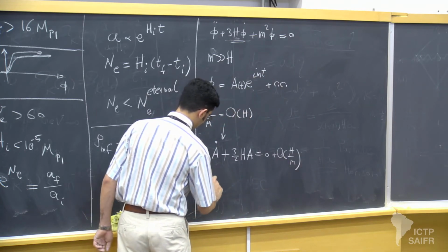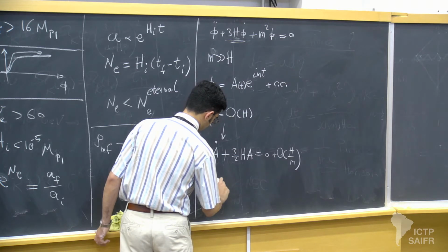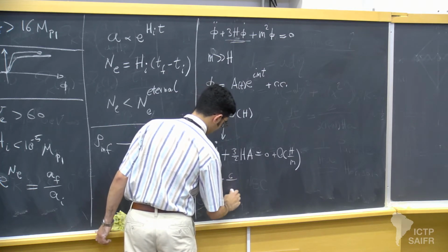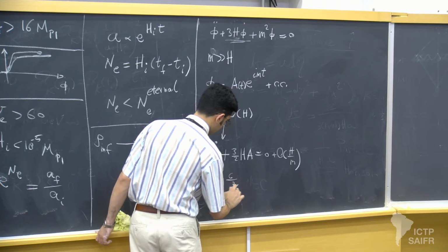And then the solution to this is that A is some constant C divided by a to the 3/2.